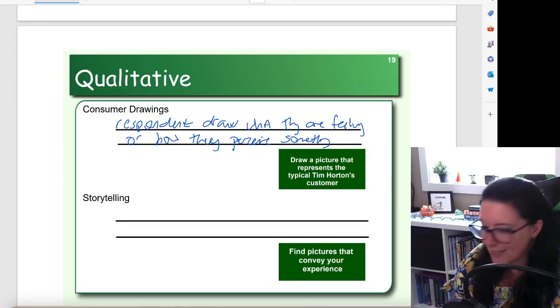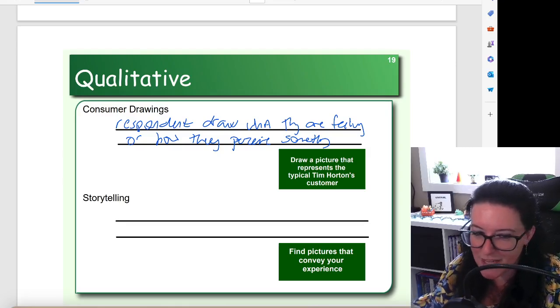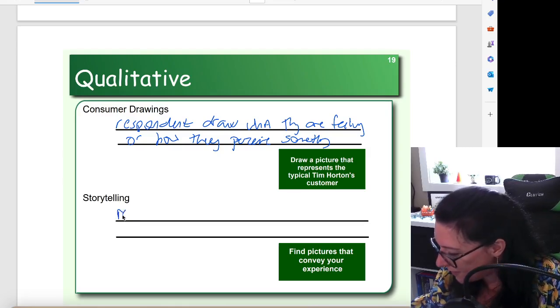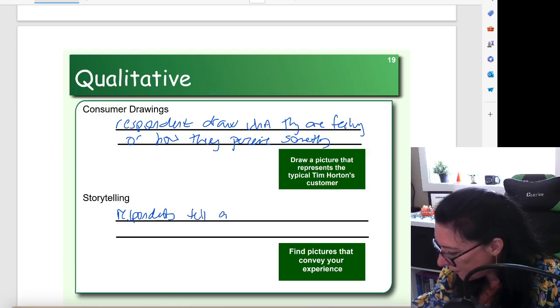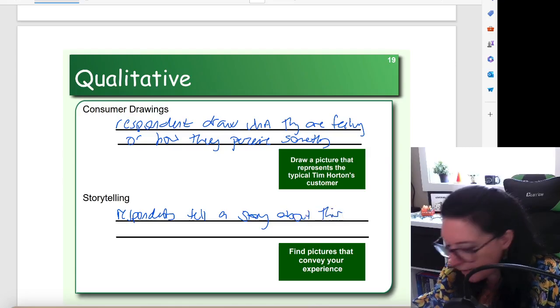All right, storytelling. Storytelling is a projective technique in which respondents tell a story about their experience.